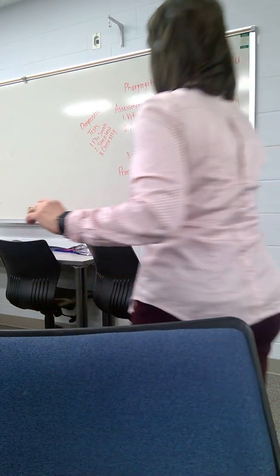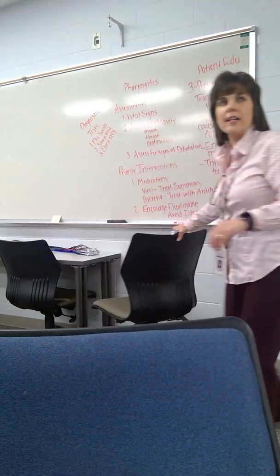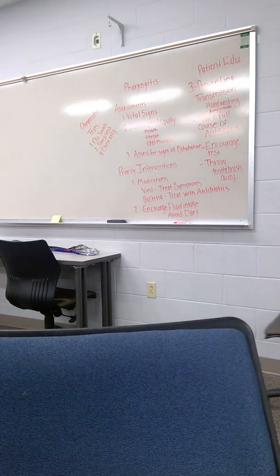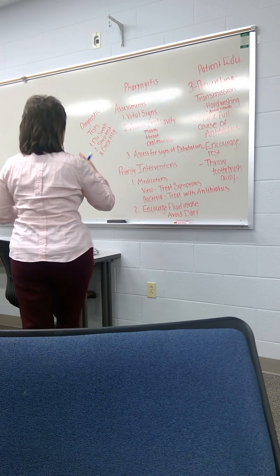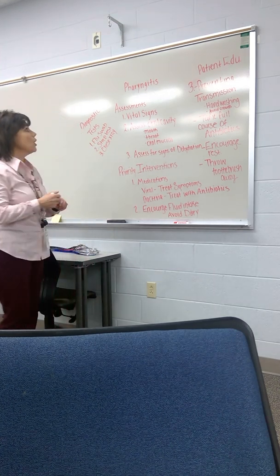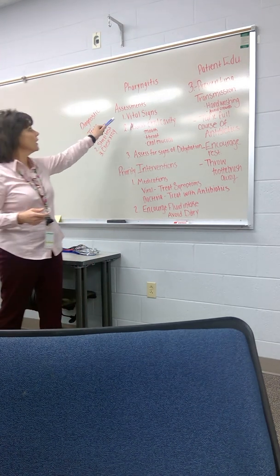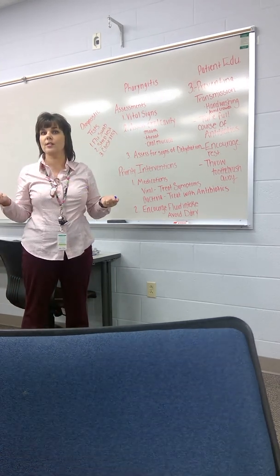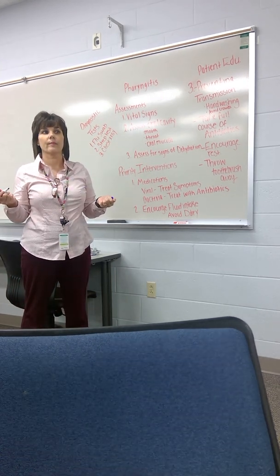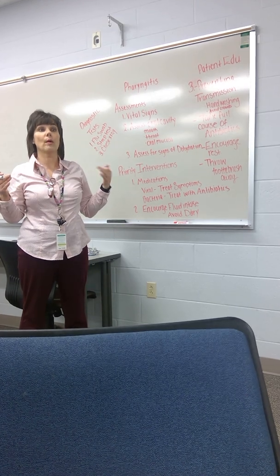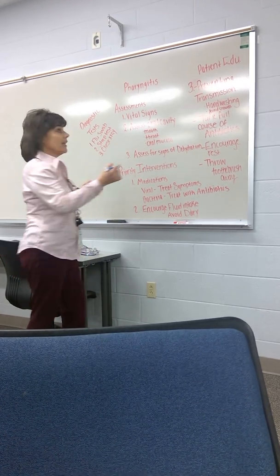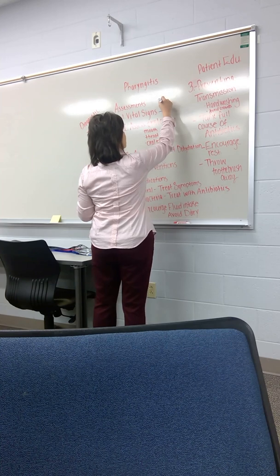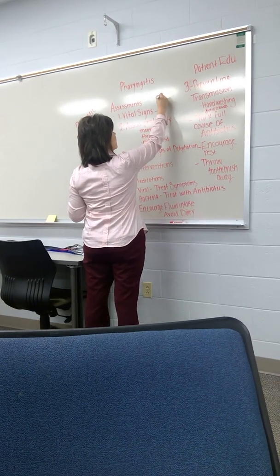So let's talk about pharyngitis. So what is pharyngitis? We just talked about sinusitis. So pharyngitis is going to be in the throat area. So the assessment, we're going to look at their vital signs. So what do we expect with the vital signs? They're gonna be up. Okay, so we're probably going to have an elevated what? Temperature.